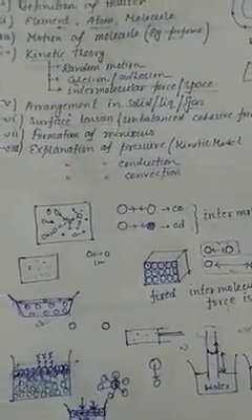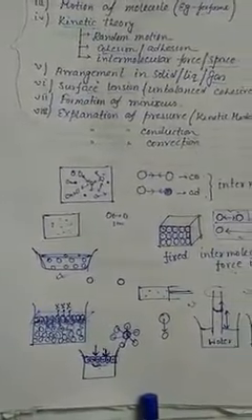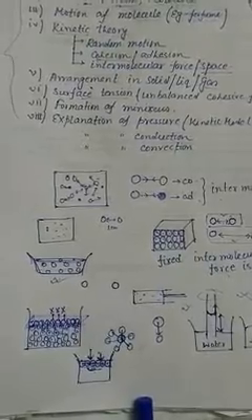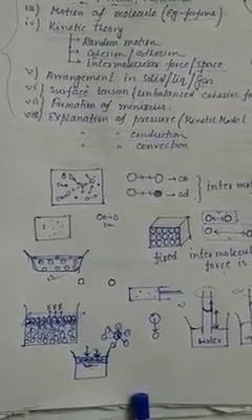Can you tell me what is the unit of temperature? Of course you will tell me, sir, degree centigrade, degree Fahrenheit, but Kelvin is also a unit of temperature, right? Can you tell me what our average room temperature is? It is approximately 27 degrees centigrade.